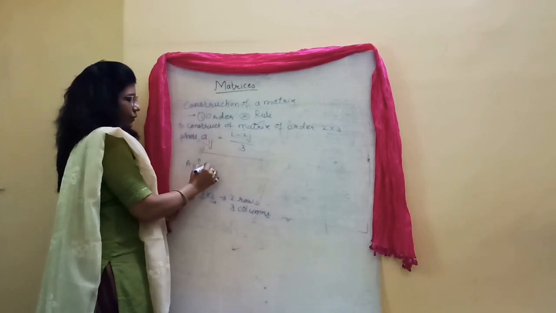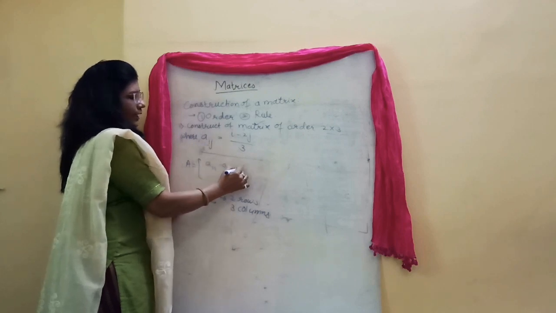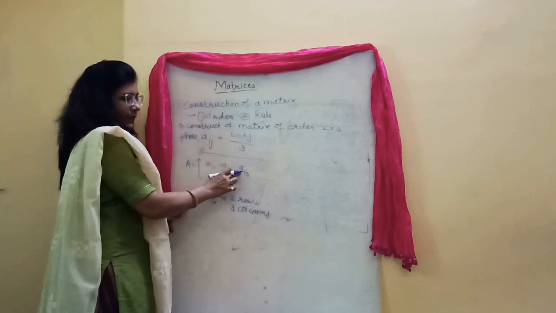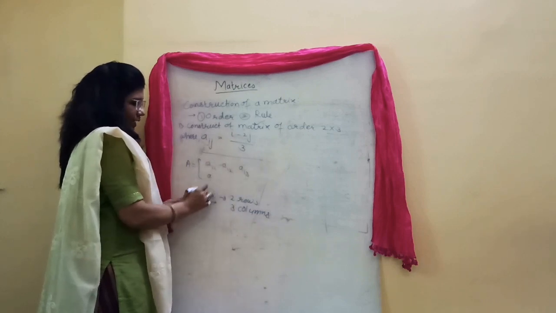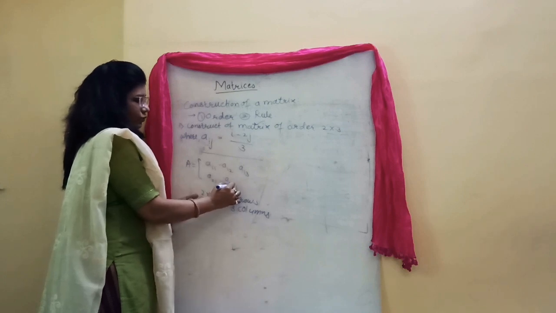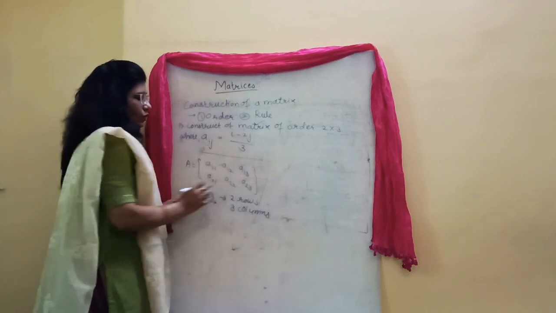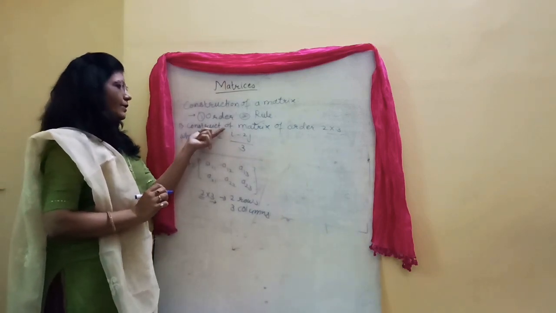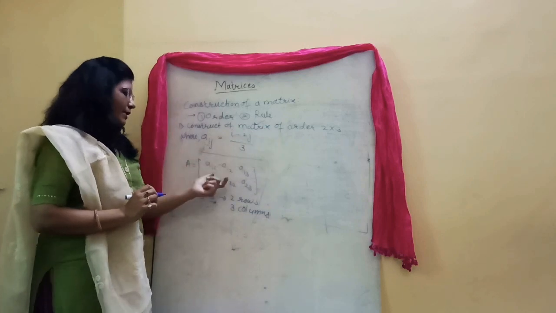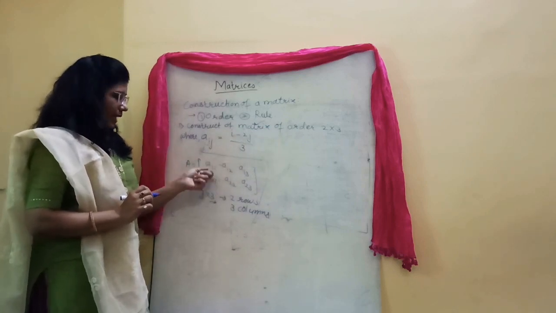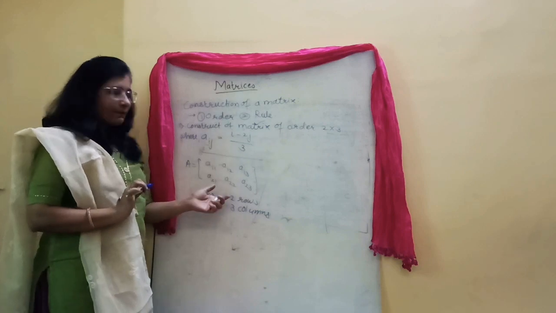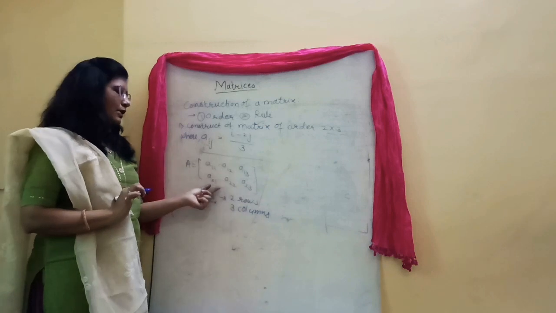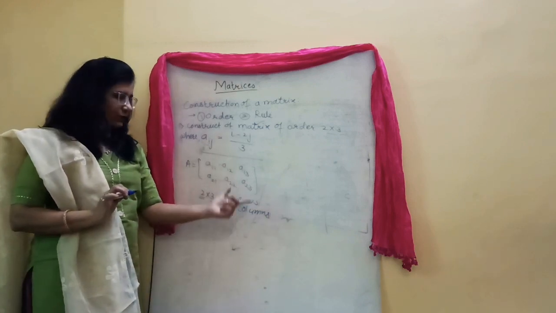So a11, a12, a13, because 3 columns are there, and a21, a22, a23 for the second row. This will be the matrix which represents these conditions. But only writing these things doesn't complete the problem. We have to find the values of a11, a12, a13, a21, a22 and a23.